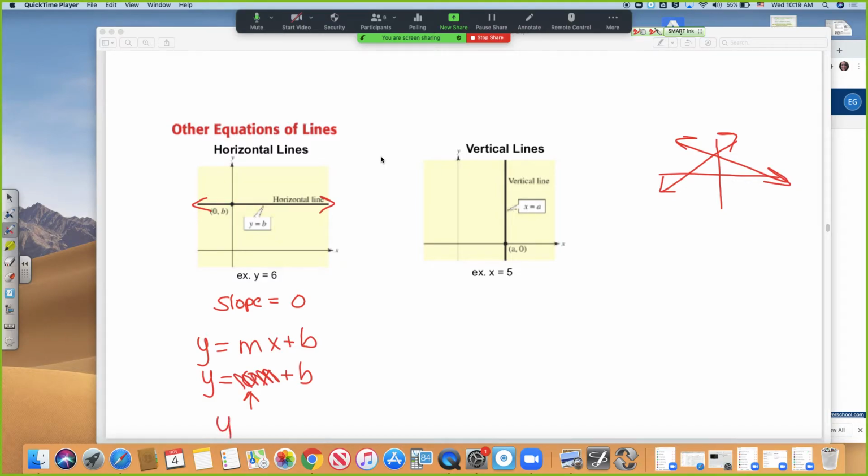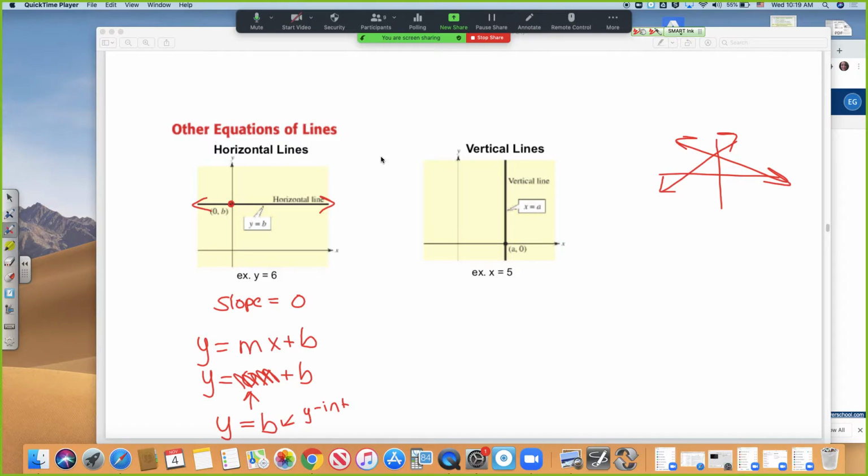And we're left with just y is equal to b. This number here, this b, is technically the y-intercept. So when we look at a horizontal line, the equation of that line is going to be y equals wherever it crosses the y-axis. So in this example, it says y equals 6.